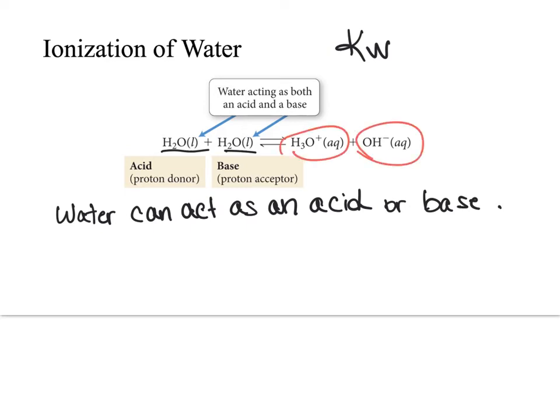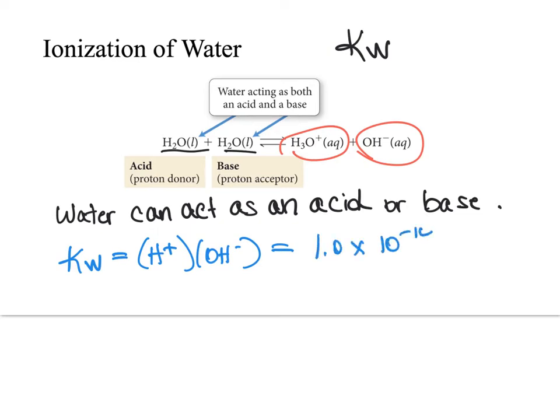I would write that Kw is equal to hydronium, and I'll just write the shortcut version of that, times hydroxide. And this is in fact a constant: 1.0 times 10 to the negative 14th. And this is where the pH scale is based on.